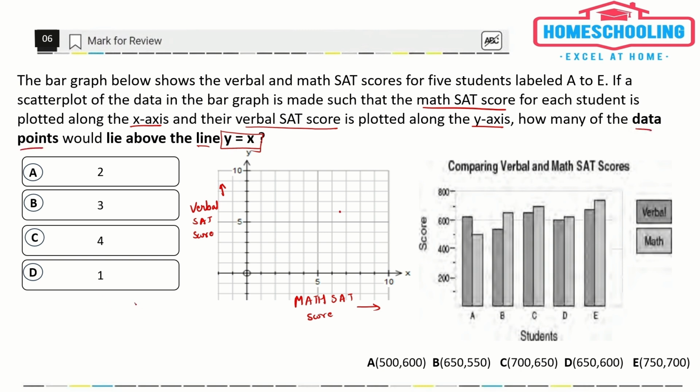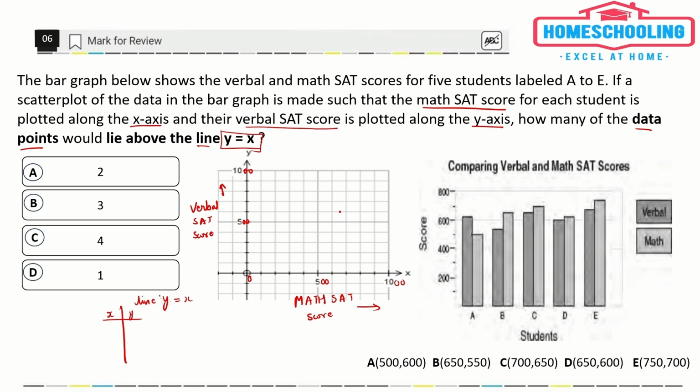So we have a line equation that is y equal to x. So x and y. And as we can see here, their score is moving from 0 to 800. So what we're going to do here is on the graph, we'll take this as 0, this one as 500, and this one as 1000.